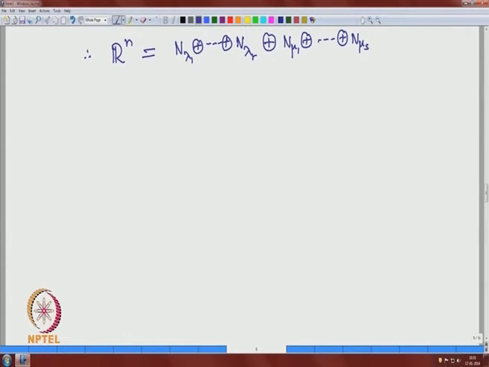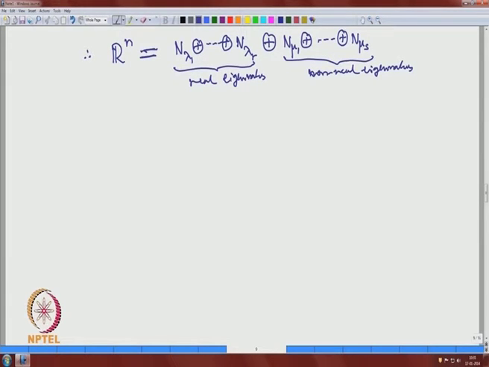Okay. I am not writing mu1 bar through mu s bar, because they are already included here. So, these correspond to real eigenvalues, and these correspond to non-real eigenvalues. Okay. And these dimensions perfectly match.